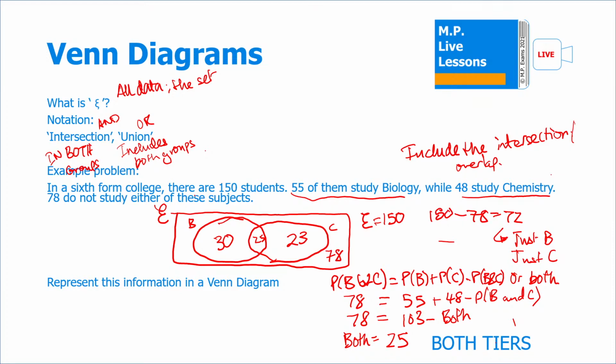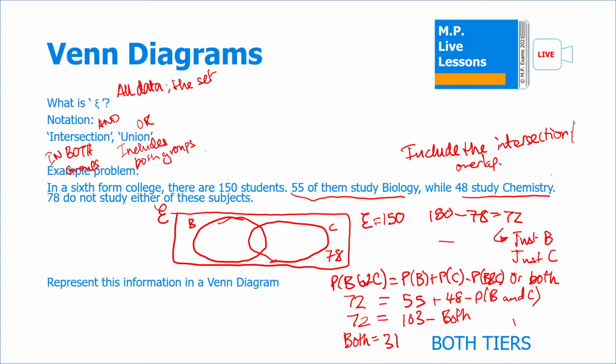And to check, hang on, 72. There's actually only, it's a mistake. 72, 31.